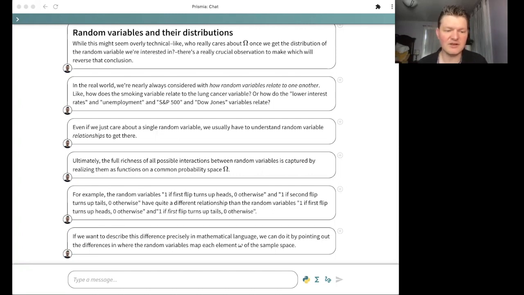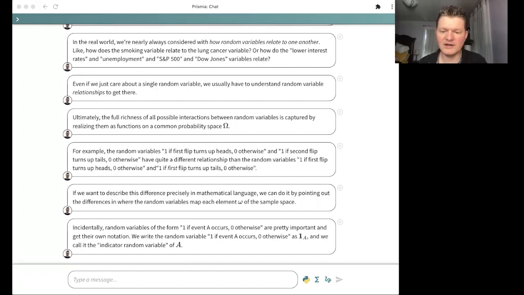Incidentally, I want to mention that this idea, 1 if an event occurs, 0 otherwise, that's kind of a mouthful. And it's really important. This comes up a lot as we work through the nitty-gritty details of probability. And so we give this a name. It's called the indicator random variable of an event. So given any event, we can associate with that event an indicator random variable, which morally speaking just is the event.